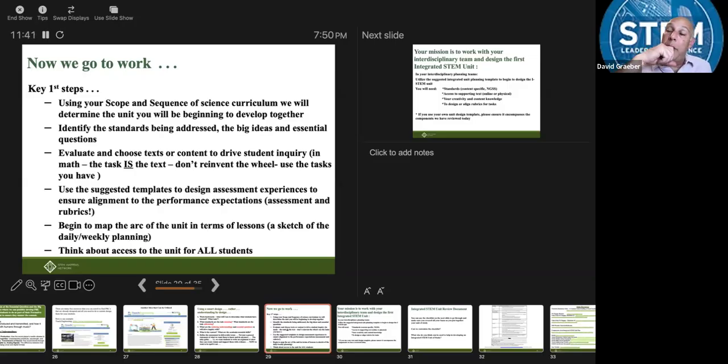Use the suggested template that we provided to design the experiences, and begin to map the arc of the unit in terms of lessons, kind of like AI was doing: week 1, day 2, week 1, week 3, day 4, etc. And most importantly, this is where AI for me is the difference maker. It really allows you to think about access to this unit for all your students, because all you have to do is ask it, please differentiate this unit for the following types of students you might have in your district, your school or your classroom.